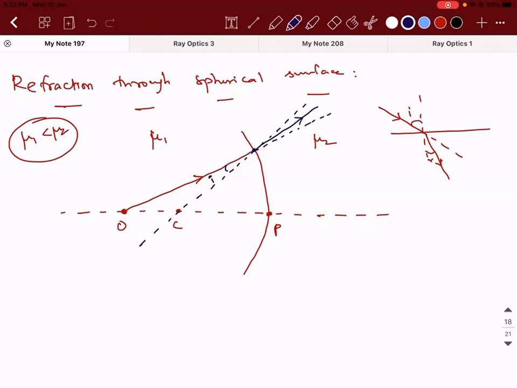Now, this is one ray, and you take another ray along the principal axis itself. It will travel without any deviation, because the angle of incidence is 0 degrees, and the angle of refraction will also be 0 degrees. So these two rays, when you back trace them, this is the point where the image is formed. Am I clear with this?